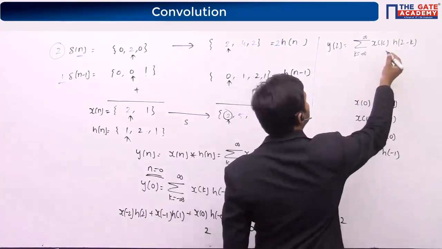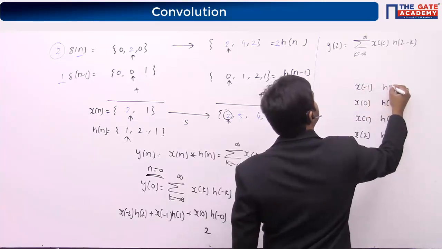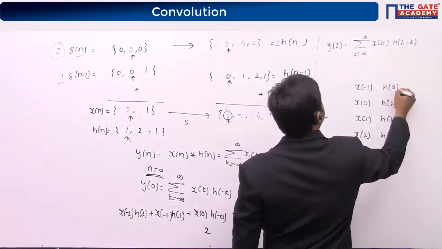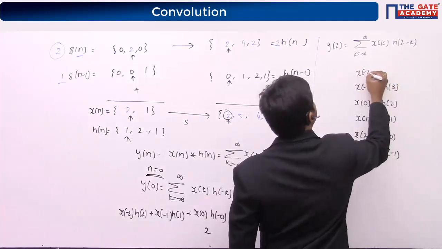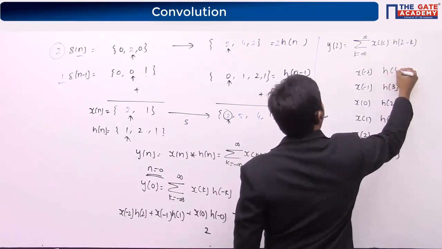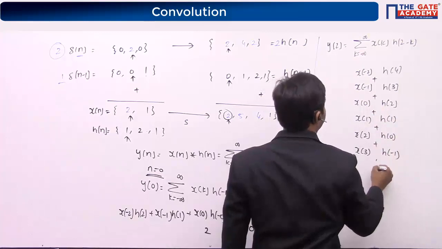On the other side, k equal to minus 1: x of minus 1, h of 3. k equal to minus 2: x of minus 2, h of 4. Summation, add all of them till infinity.